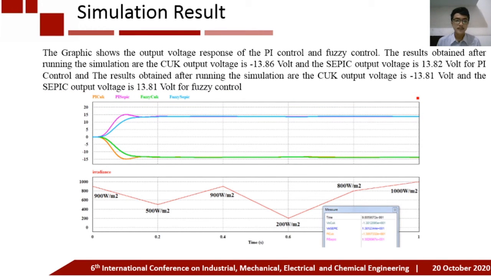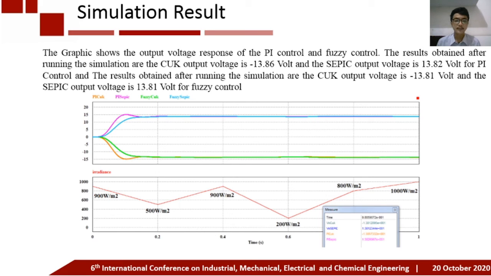Simulation result. The graphics show the output voltage response of the PI control and fuzzy control. The result obtained after running the simulation are the CUK output voltage is negative 13.86 volt and the Sepic output voltage is 13.82 volt for PI control.